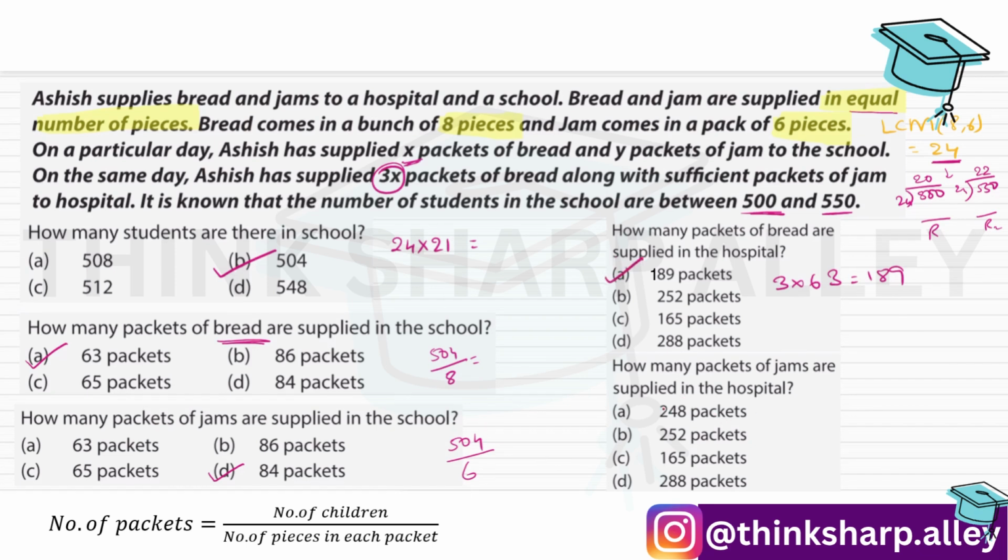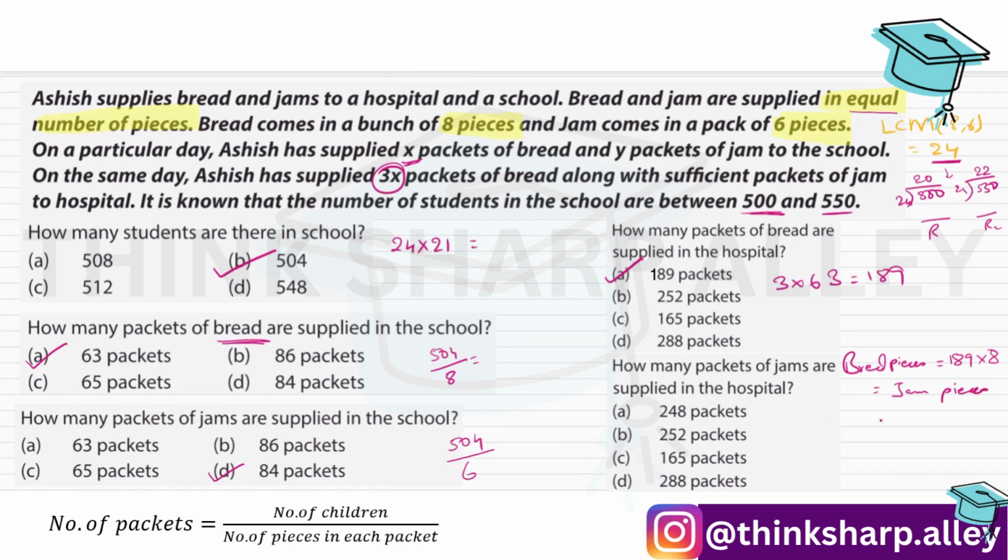How many packets of jams are to be supplied in the hospital? Now, number of pieces of bread should be equal to number of pieces of jam. Now there are 189 packets of bread. So how many pieces of bread are there? 189 into 8. And that is same as jam pieces because they have to be an equal number.